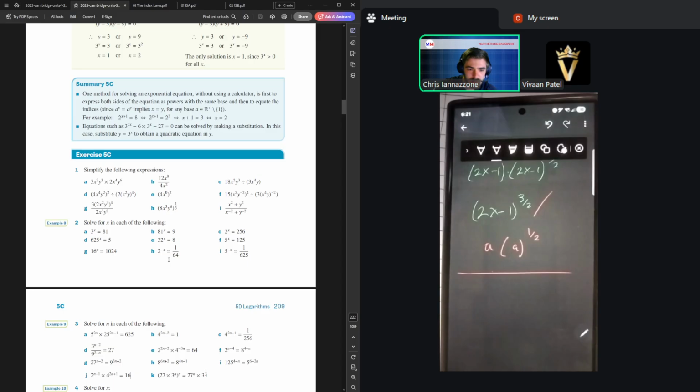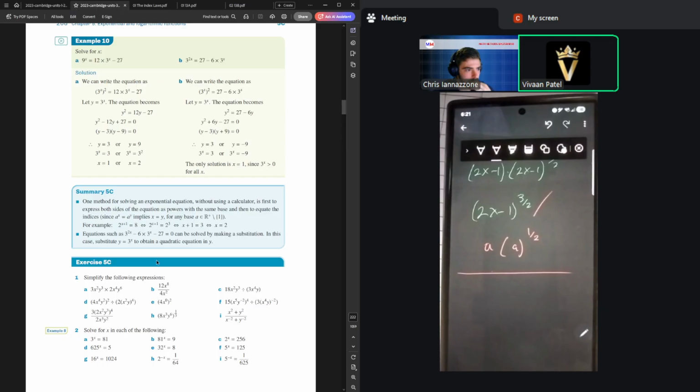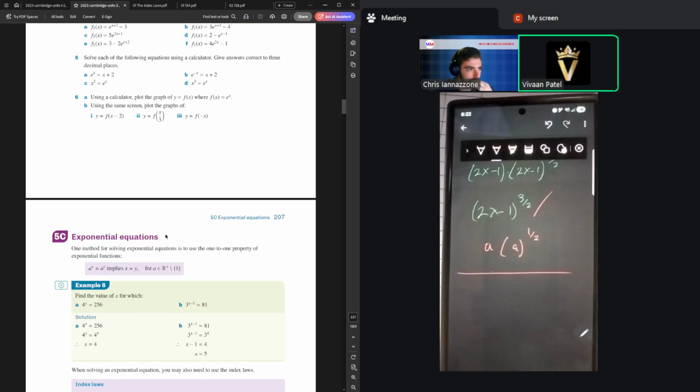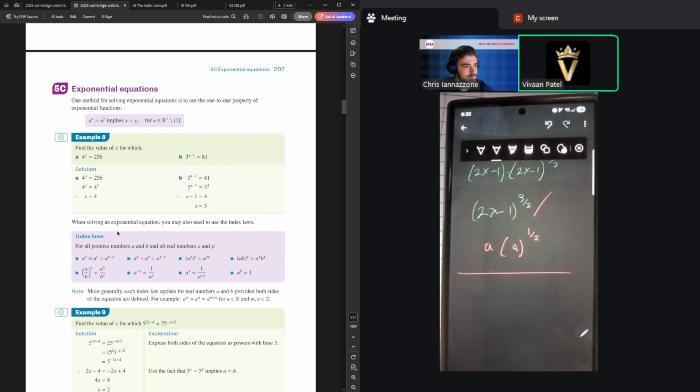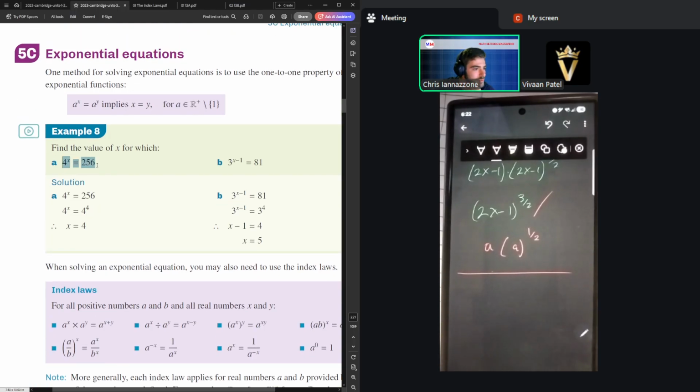How much into index law stuff have you done already? That's cool. Like for instance, if I show you example 8 over here, 4 to the power of x equal to 256, is it clear enough how you solve that?